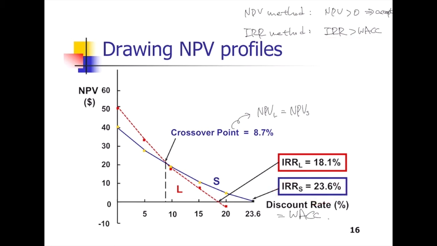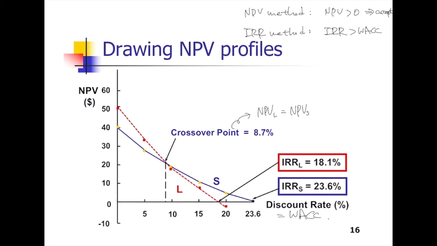What about project L? Project L, IRR is 18.1. So for example, at this point, IRR is 18.1, but WACC is only 5, so we can accept this project. And what about this? IRR is 18.1, but WACC is only 15.